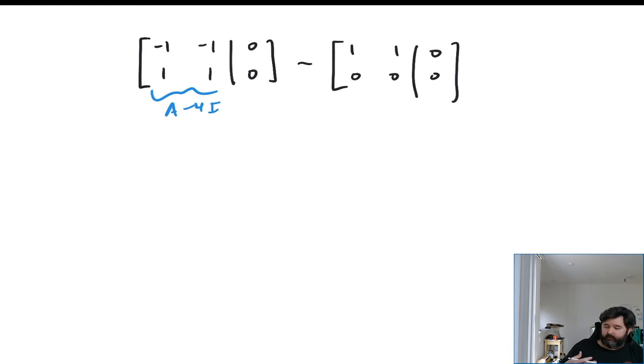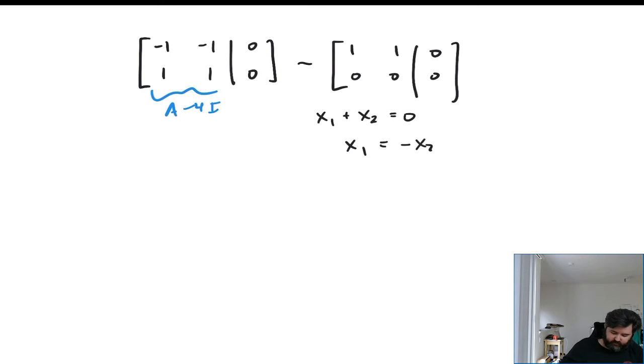So again, to figure out the eigenvectors corresponding to this eigenvalue, you have to find the null space. This is a pivot column, this is a non-pivot column. That means that x2 is a free variable, right? So we get x1 plus x2 equals 0, so x1 equals -x2.